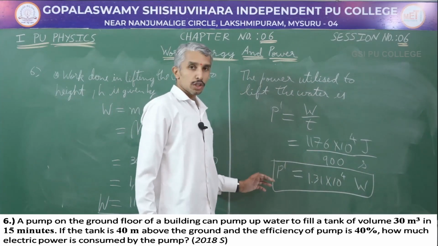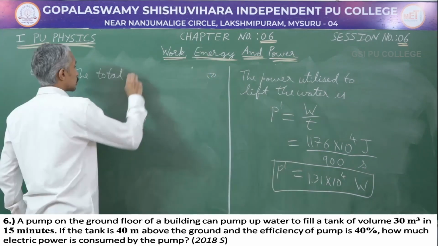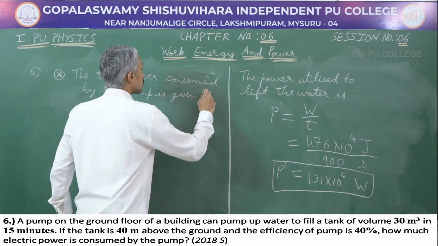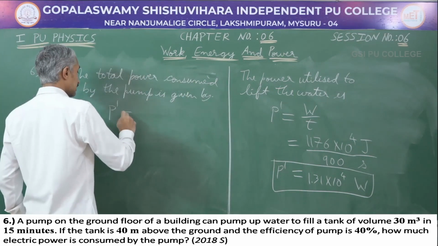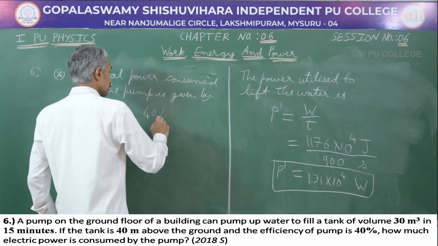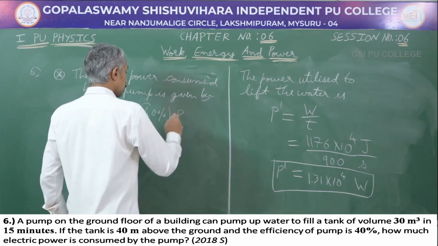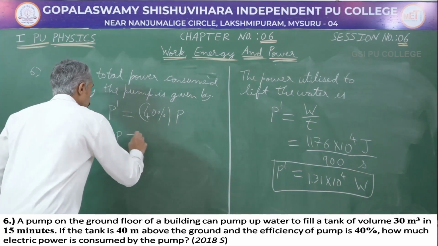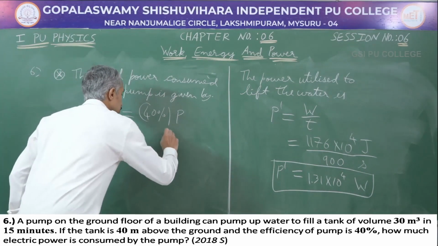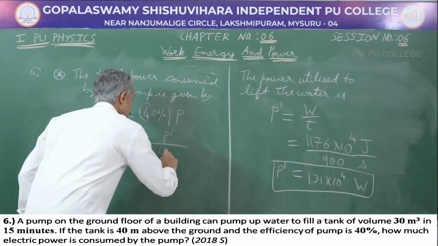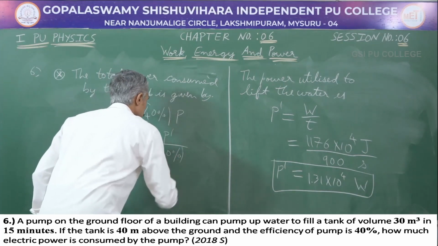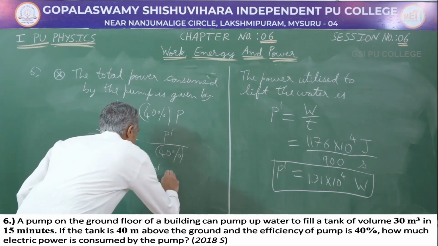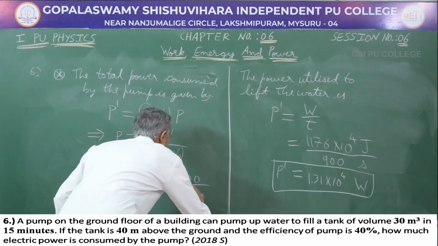We will now calculate the total power given to the pump. The total power consumed by the pump is given by, we have already written that P dash is 40% of the total power given. So on rearranging, the total power given is equal to P dash divided by 40%, which is P dash into 100 divided by 40.